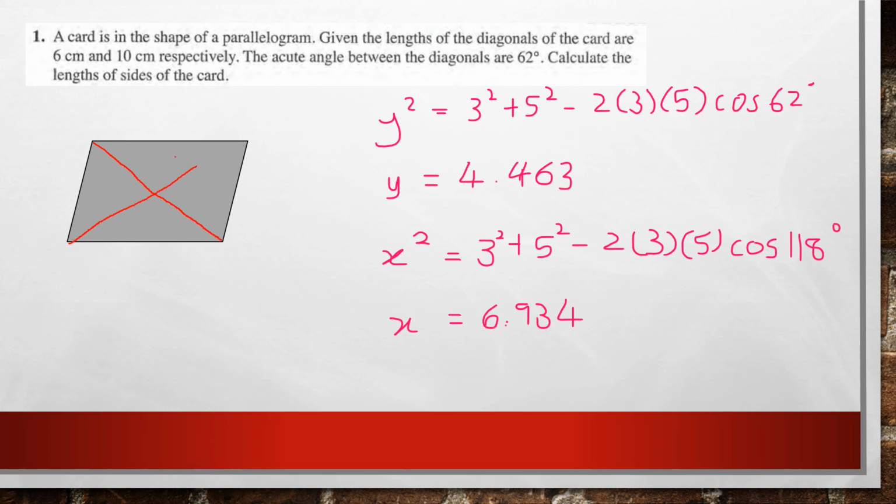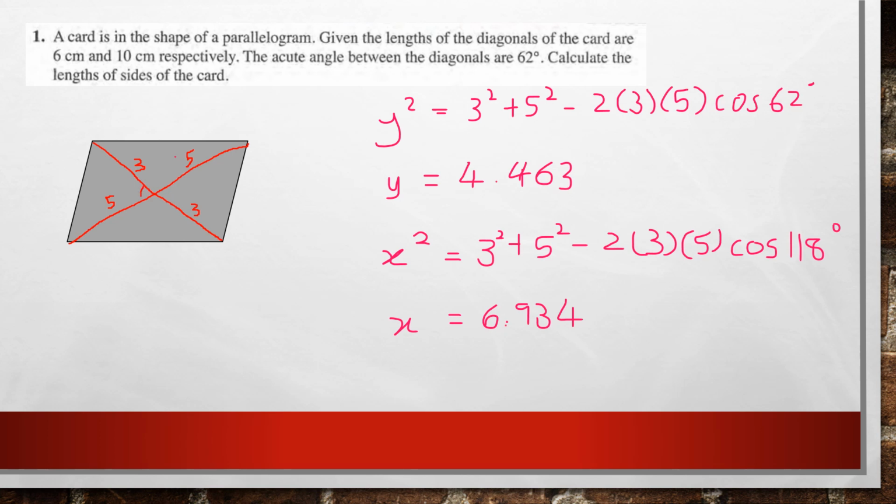So for a parallelogram, you have two diagonals. So if this is 6, you can divide these diagonals into two parts, 3 and 3. And for the 10 centimeter, you can divide it into two parts also, 5 and 5. The acute angle between the diagonals is 62.